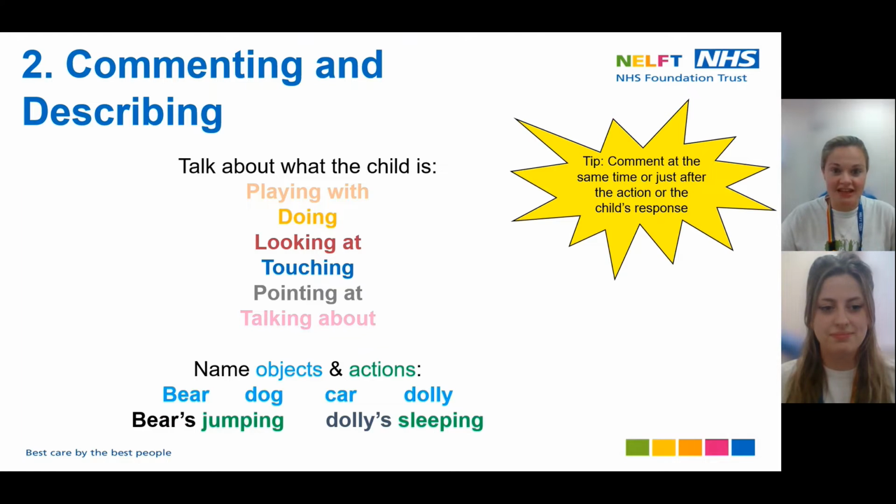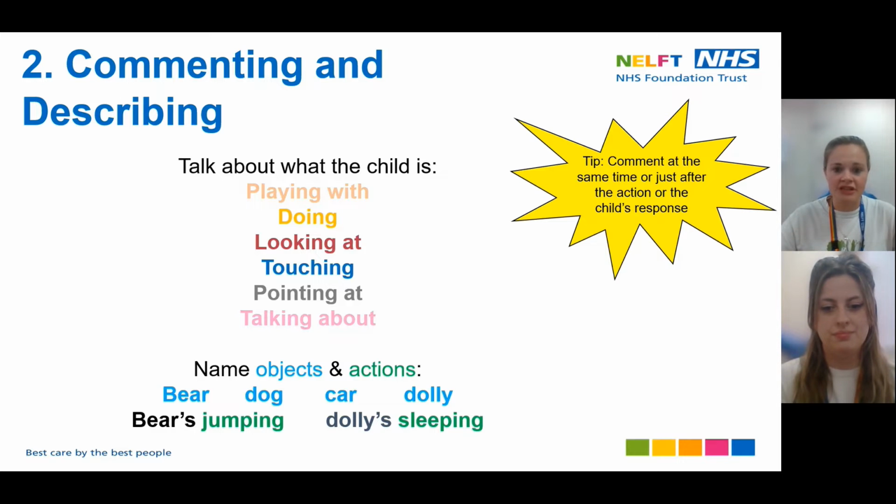So the second strategy is commenting and describing. All the time we're going to be talking about what the child is playing with, what they're doing, looking at, touching, pointing and talking about. This might involve naming objects, but also actions as well. So, Bear's jumping, Dolly's sleeping.